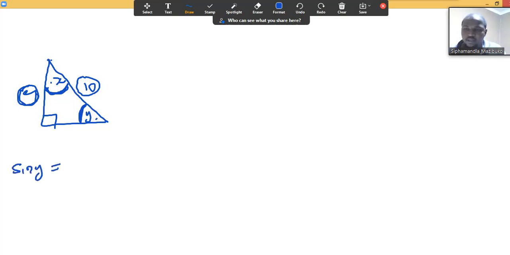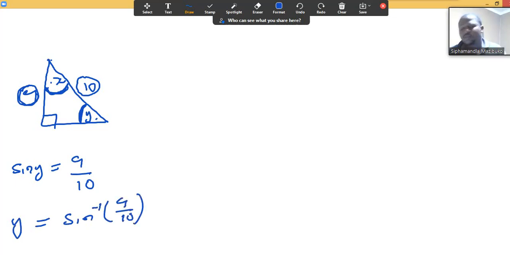Sin y is equal to opposite, which is 9, all over hypotenuse, which is 10, right? So in this case, we're doing the same thing. To find y, y will be equal to inverse of sine of 9 over 10. You put that one on the calculator as well.